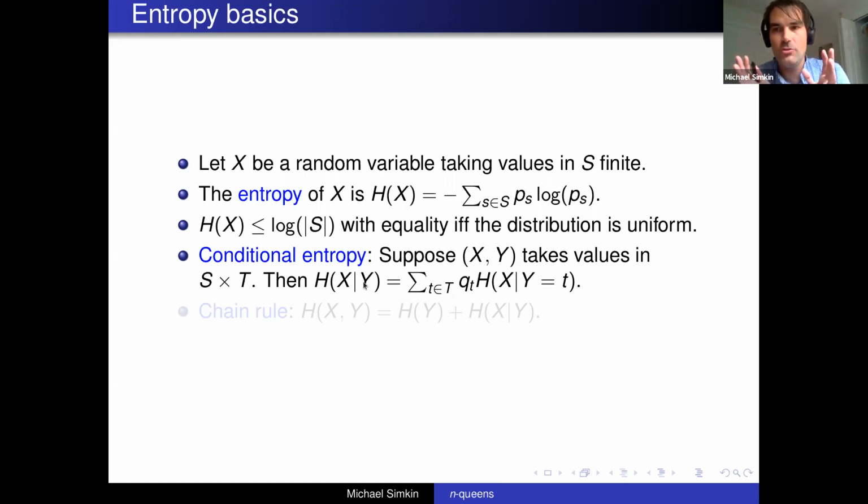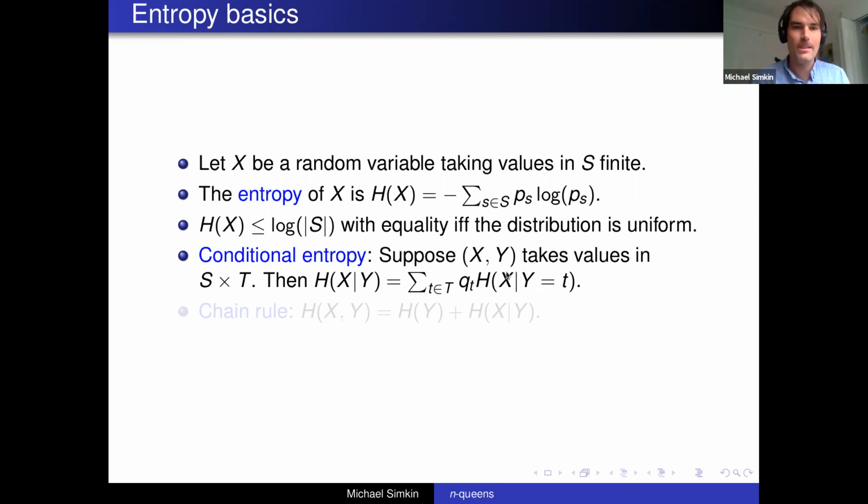Intuitively, this is the amount of information that I need to communicate an instance of x to you, the audience, if you already know the value that y took in this experiment. It's defined according to this formula: it's the expected entropy of x, where the expectation is taken over the distribution of y.